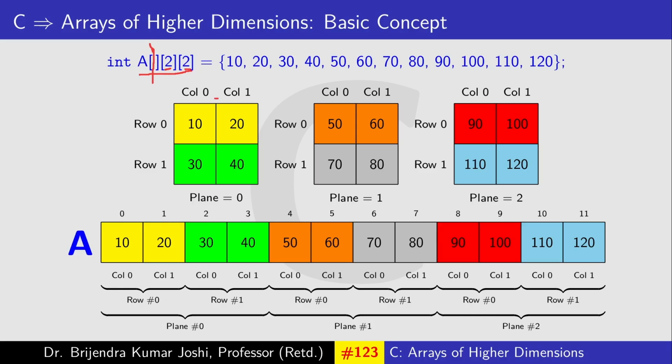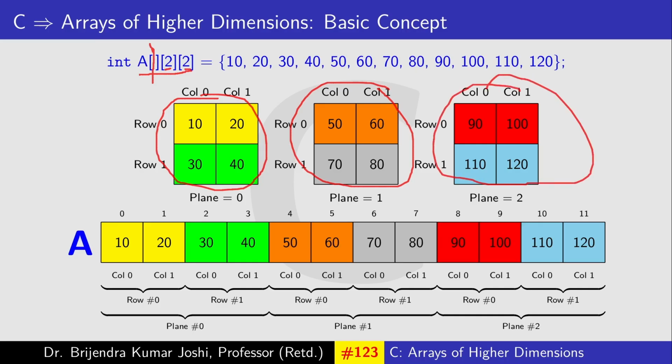So you can see here it is a 2-dimensional array. First element of the array is this 2-dimensional array, plane equal to 0. The next element is also a 2-dimensional array, so its index in the leftmost dimension is plane equal to 1. The third one is this one. Since C is row major, all rows will be stored first.